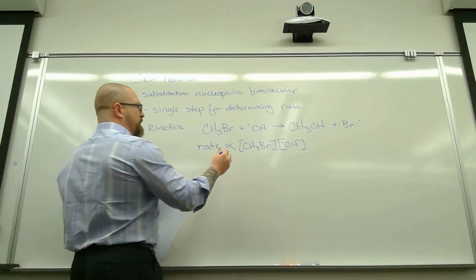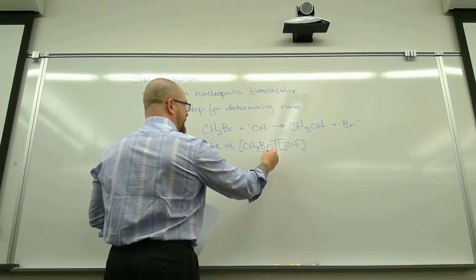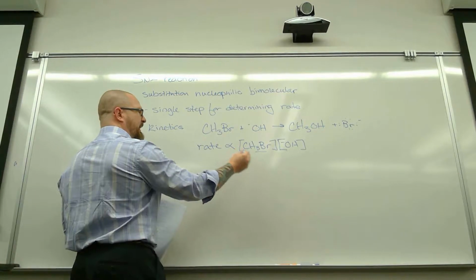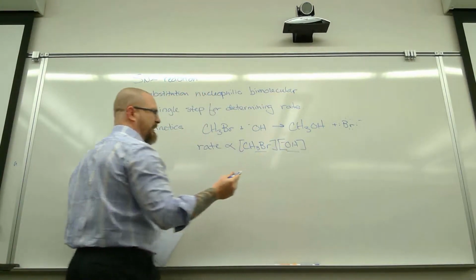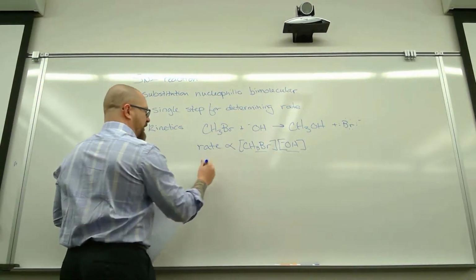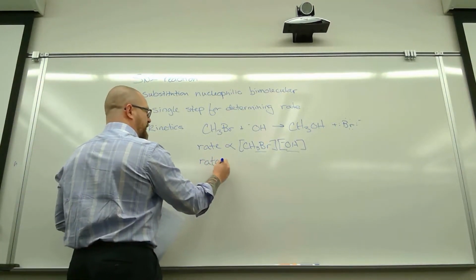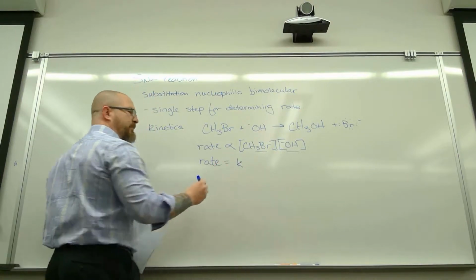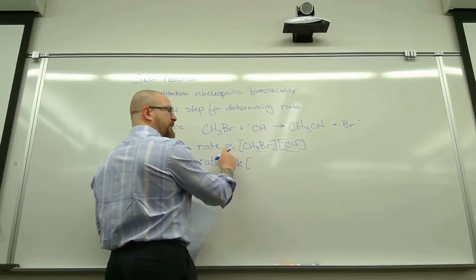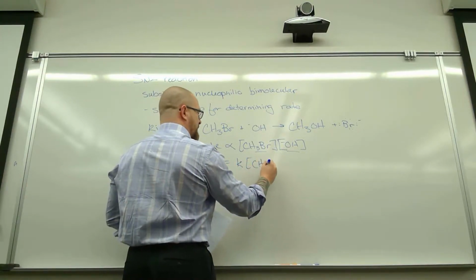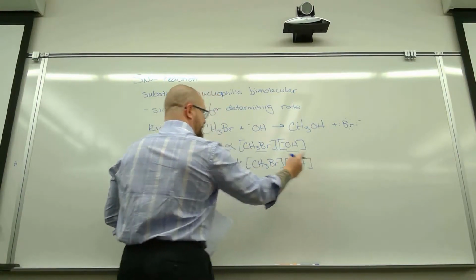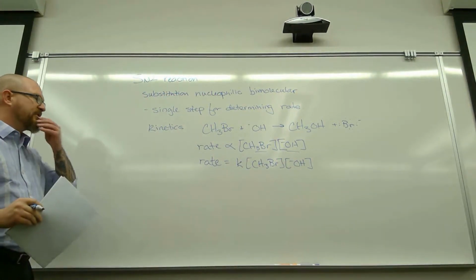So both the amount of the initial alkyl halide and the amount of the nucleophile matter in terms of determining rate. So if we want to actually figure out a rate expression for this, we can substitute k, our rate constant, which gives us our degree of proportionality. And this would be our rate expression.